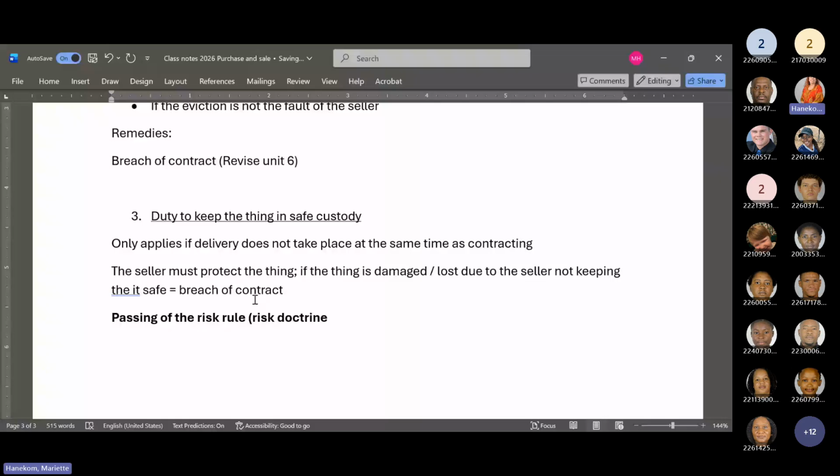The passing of the risk rule states as follows: if the thing is damaged, not because the seller did not keep it in safe custody, but due to accidental damage, the risk will pass to the purchaser. The contract is perfecta.